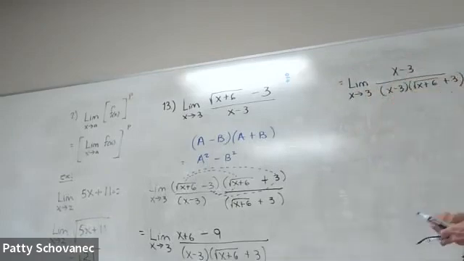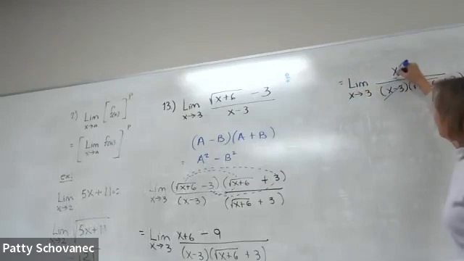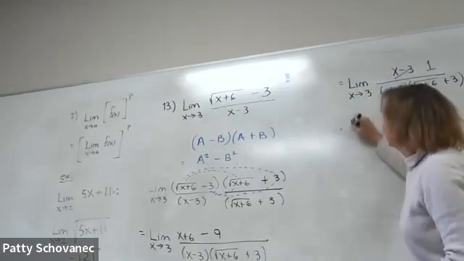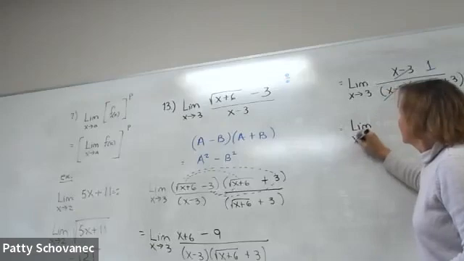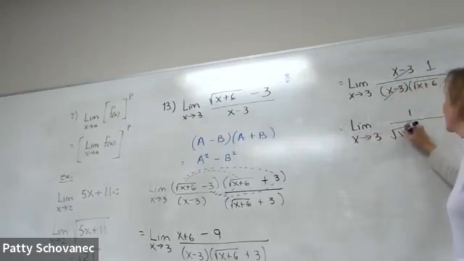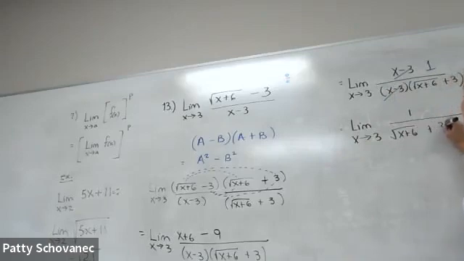I cancel the common factor. That leaves a 1 up here, right? X minus 3 over x minus 3 is the same as saying 1. And now I take the limit with what's left. Now I don't have 0 over 0 because I don't even have a 0 on top.